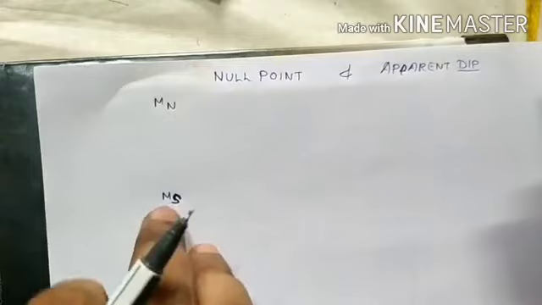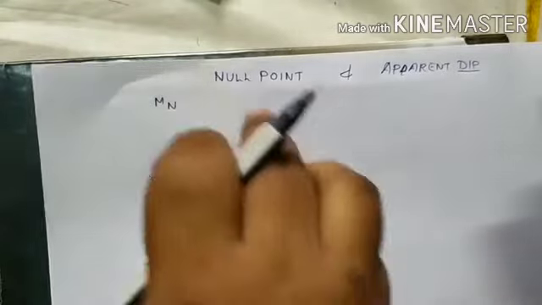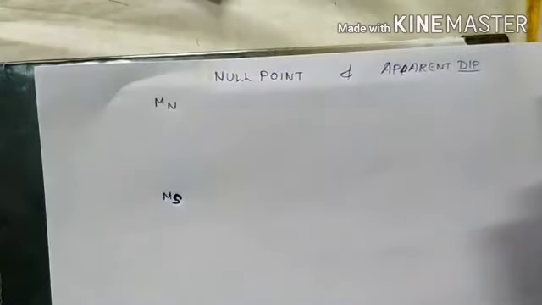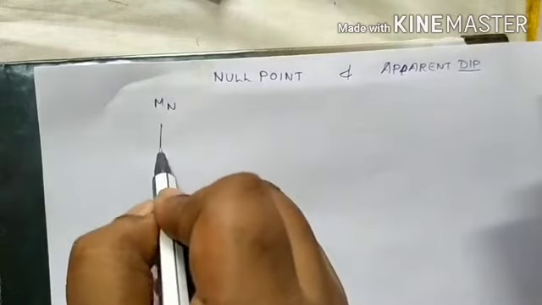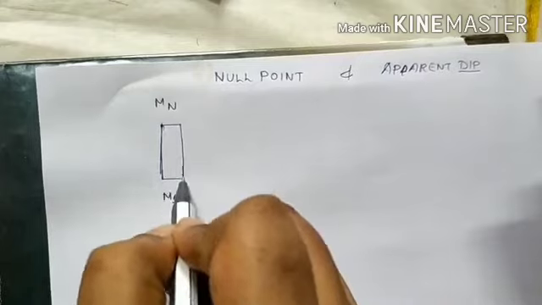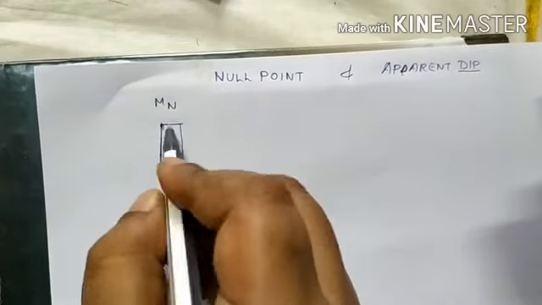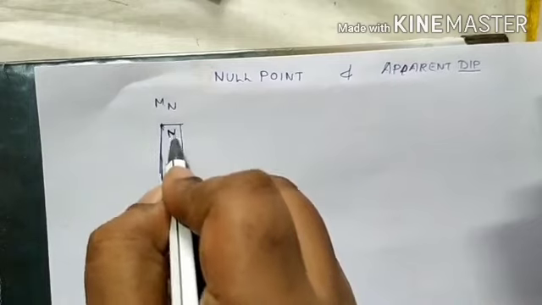With respect to them, I have to find a null point. I place an arbitrary permanent magnet in between, such that the north pole is towards the magnetic north and the south pole is towards the magnetic south.